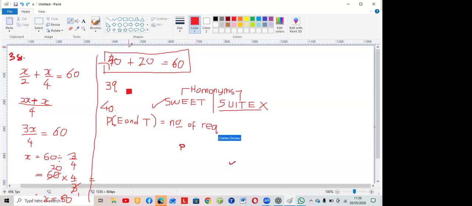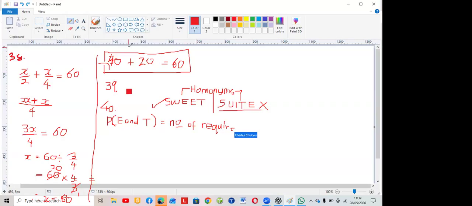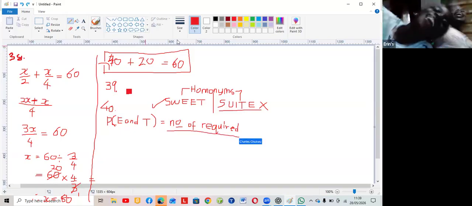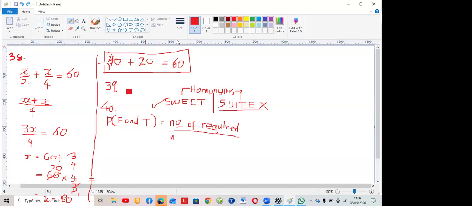Oh yeah, let me see who can remember. Number of required events over number of possible events. Number of what? Possible events. Thank God, though. Somebody has remembered. Praise the Lord. Hallelujah. Okay. So number of possible events, correct.